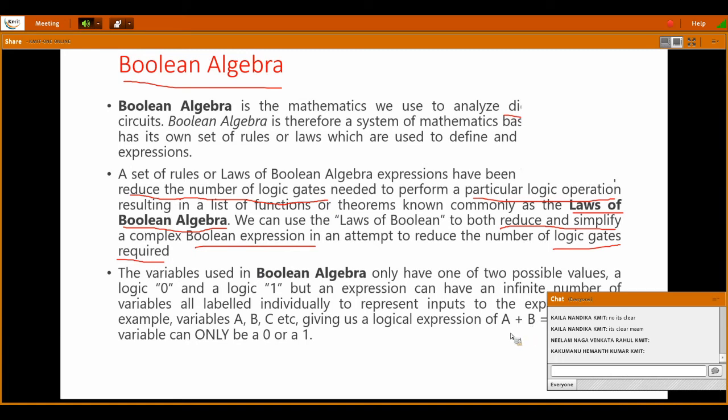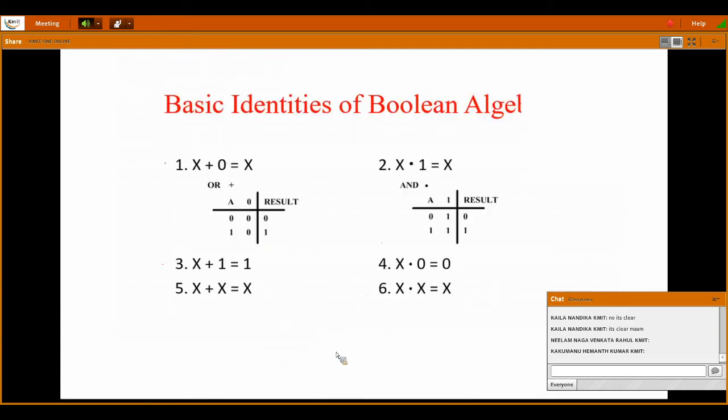So the number of variables can be any number, but the values for those variables will be either 0 or 1. Next, we are going to see the identities of Boolean algebra and then we will move on to the realization using NAND and NOR.